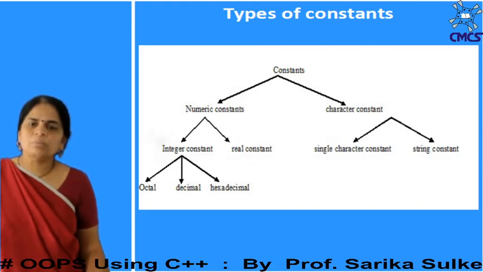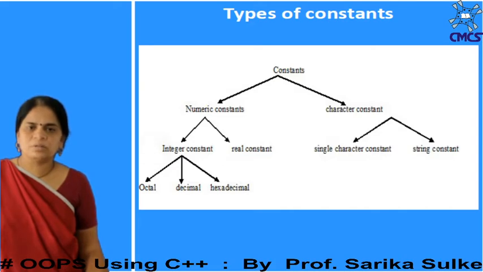An octal integer number is preceded by 0. A decimal number need not be preceded by any value, and a hexadecimal number is preceded by 0x. In this way we can differentiate between octal, decimal, and hexadecimal values. This is about the numeric constants.